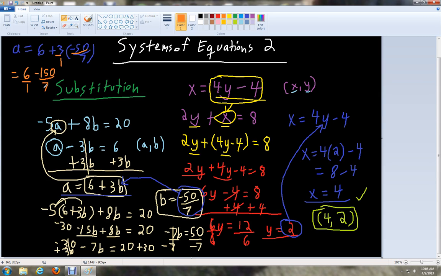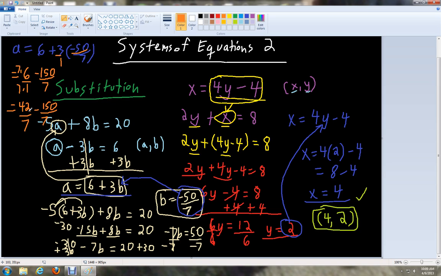And then we find a common denominator. We notice that'll be 7. So we just multiply 7 to top and bottom. That'll give us 42 over 7 minus 150 over 7.